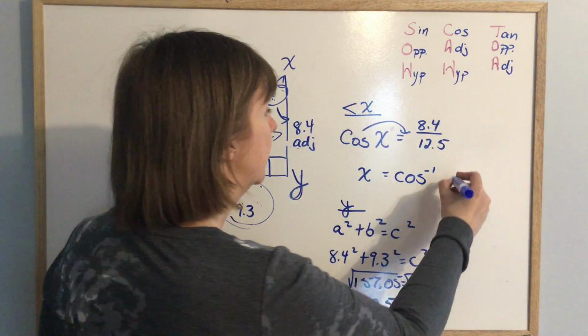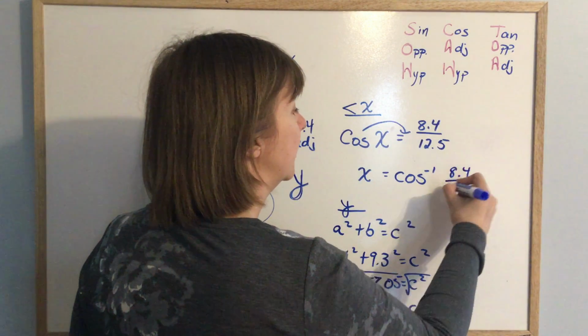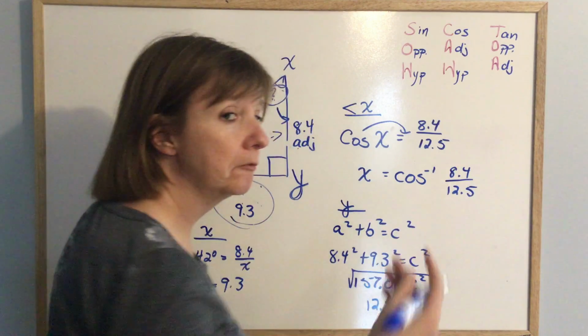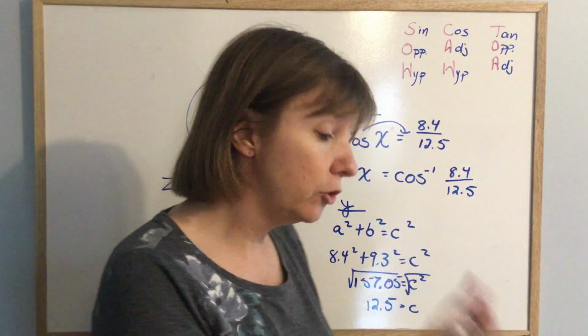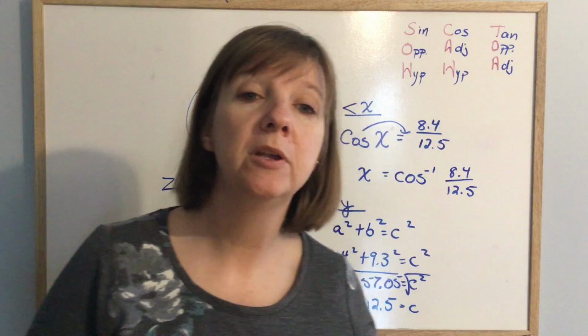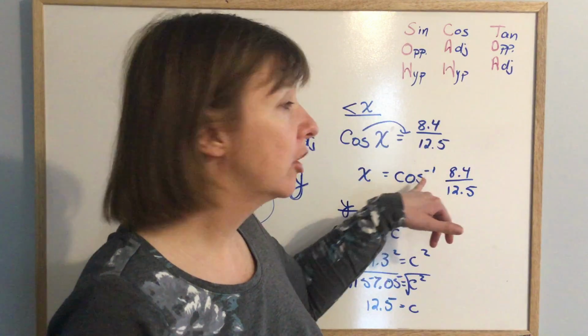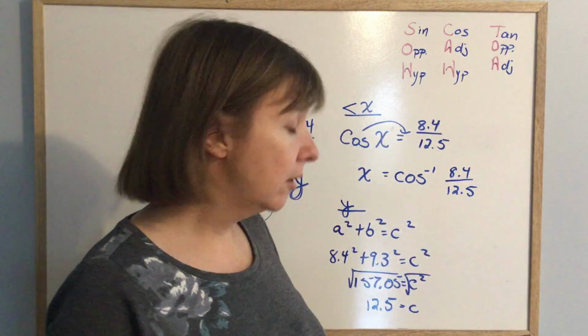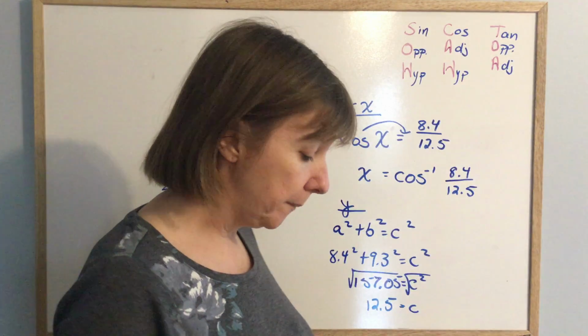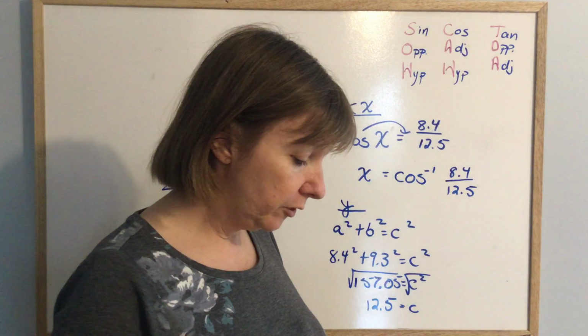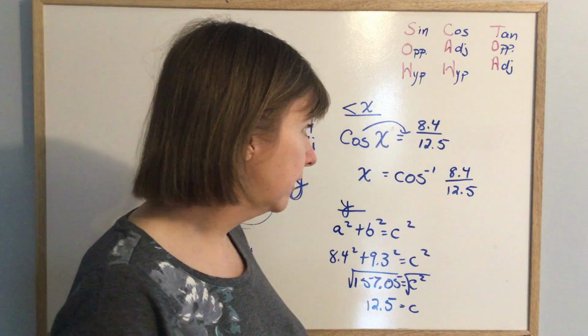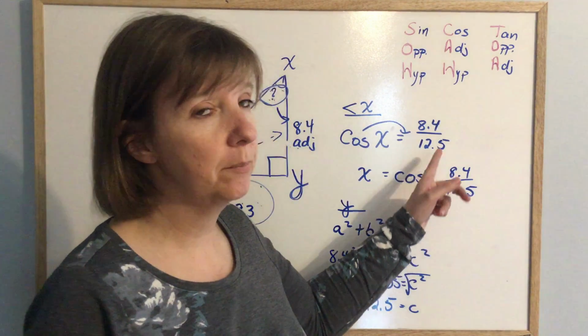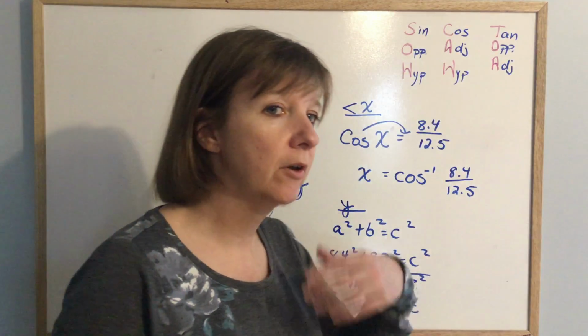On your calculator, you're going to have to hit shift or second function or whatever your calculator button happens to be. It's called arc cos, A-R-C, but it's that cos to the -1. So I'm going to hit shift cos, and in brackets, you can't make that a fraction. You can't put 8.4 over 12.5.